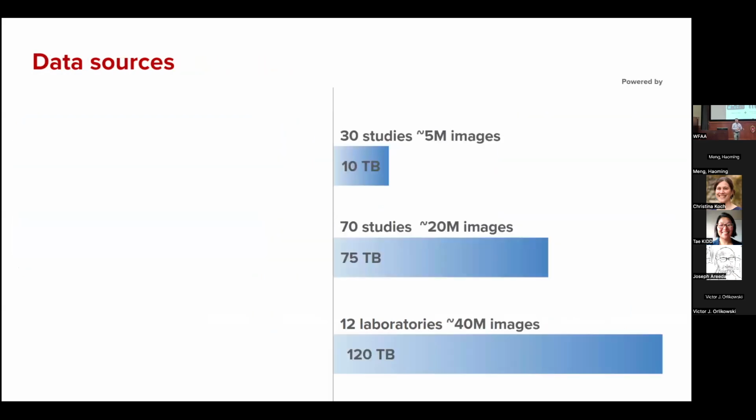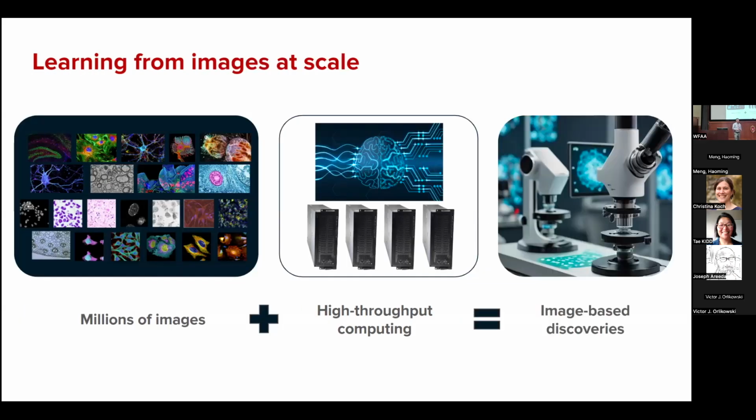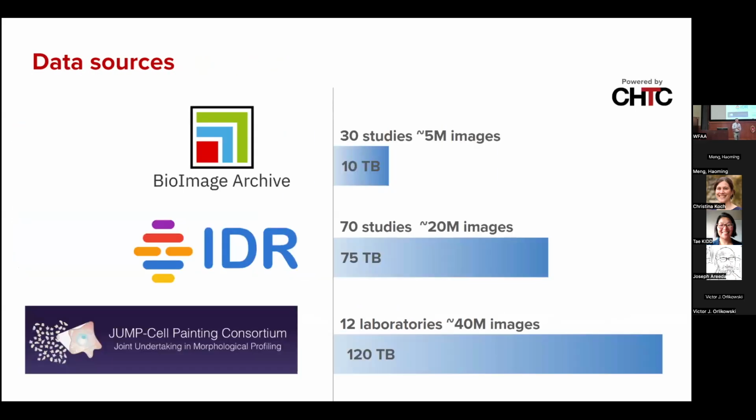Part of the progress that we have in this part of the study involves collecting images. There is a BioImage Archive repository where we collected 30 studies altogether, and it's 10 terabytes of data.